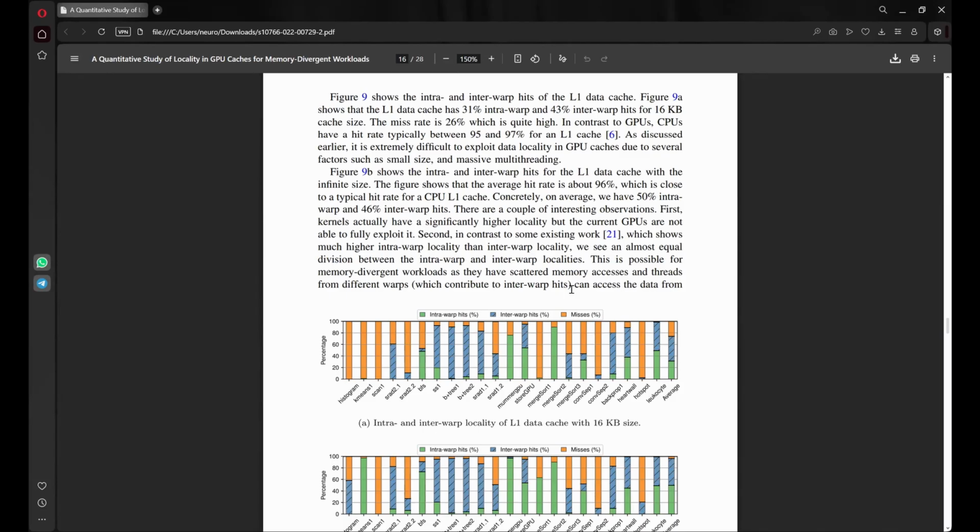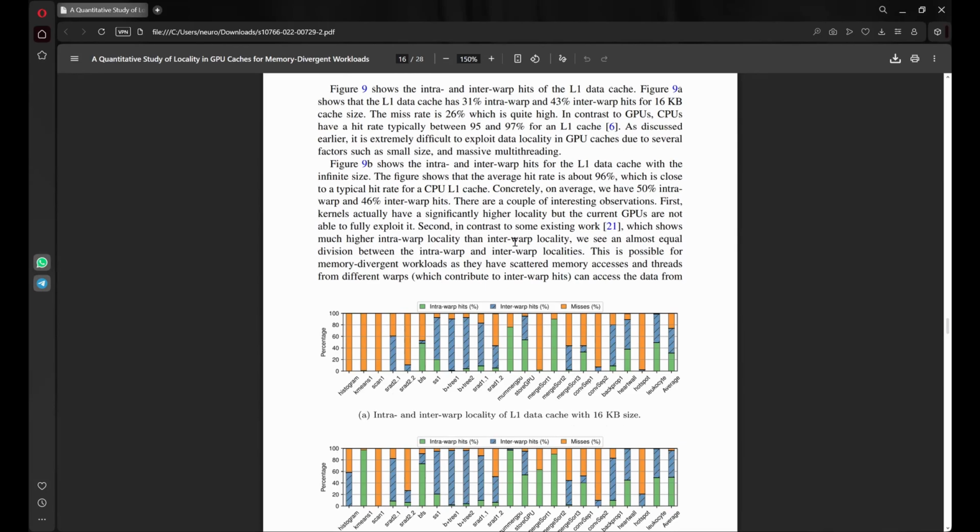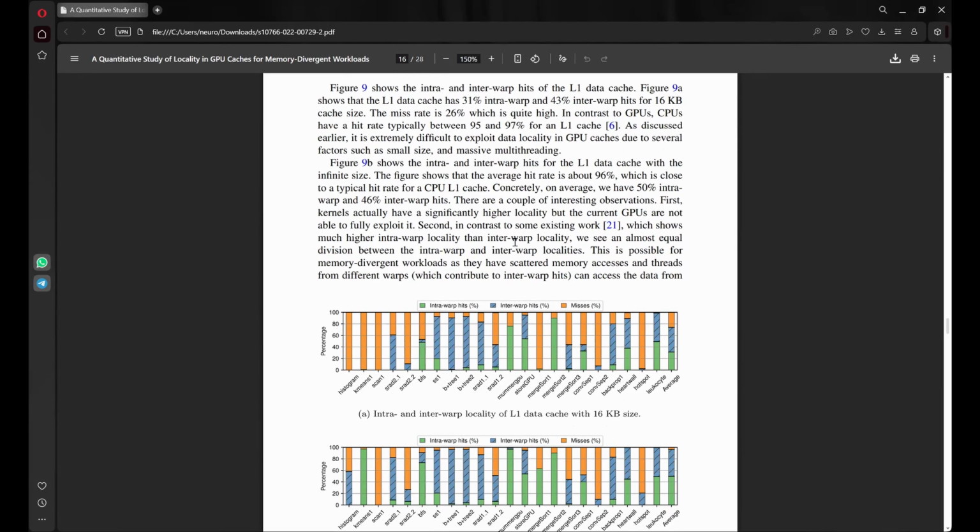But what they find in the actual paper is that even with infinite cache, even with realistic cache, the figures are pretty close by. I mean, you have 50 and 46 in infinite cache and 31 and 43. So there isn't a crazy difference, or at least not as much of a difference as characterized in previous literature.